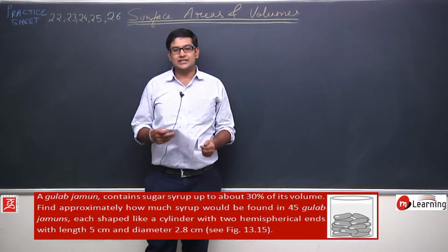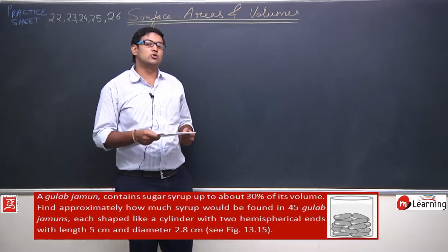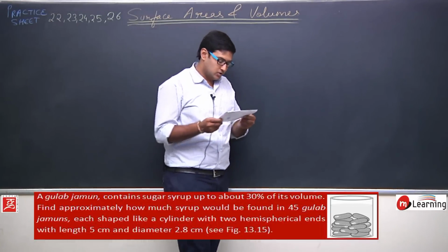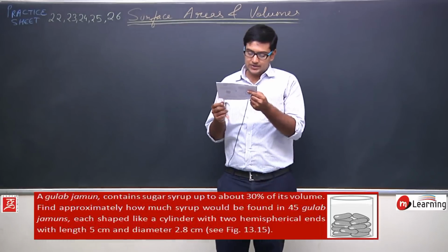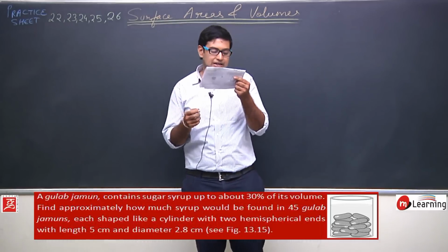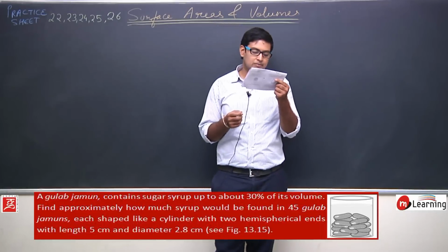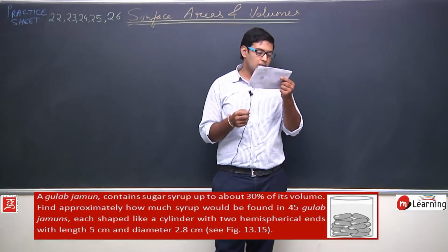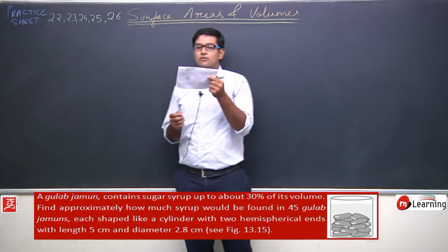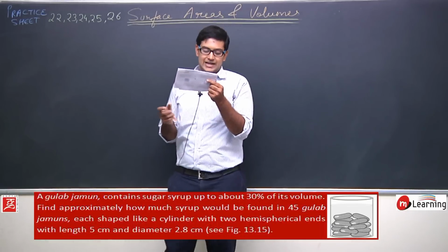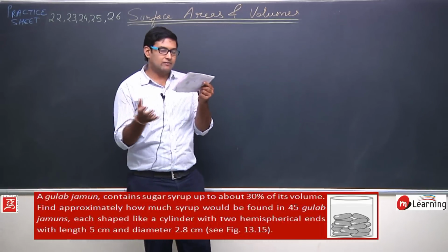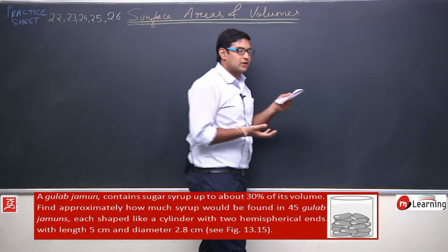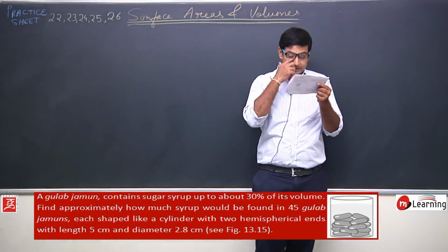Okay, so let us now solve question number 22 from the practice sheet. Question number 22 says a gulab jamun contains sugar syrup up to about 30% of its volume. You might have had gulab jamun at festive season.